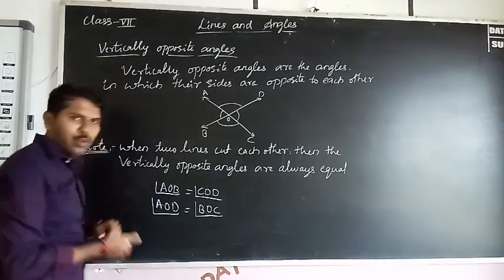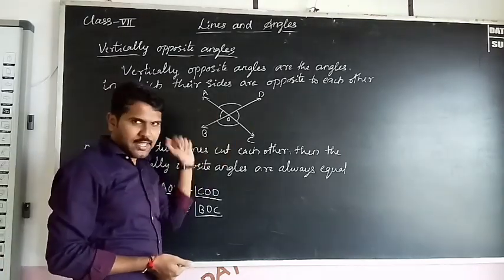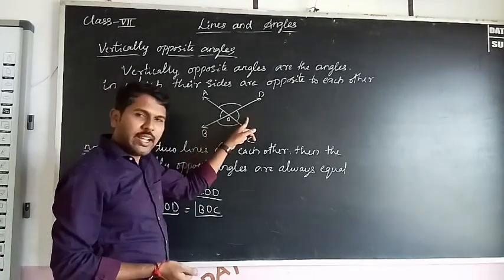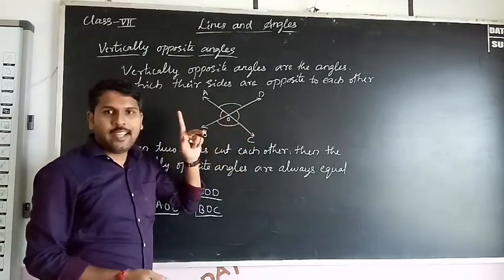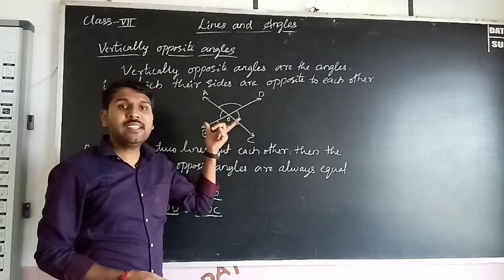Another note: when two lines intersect each other, the vertical angles formed are always equal.